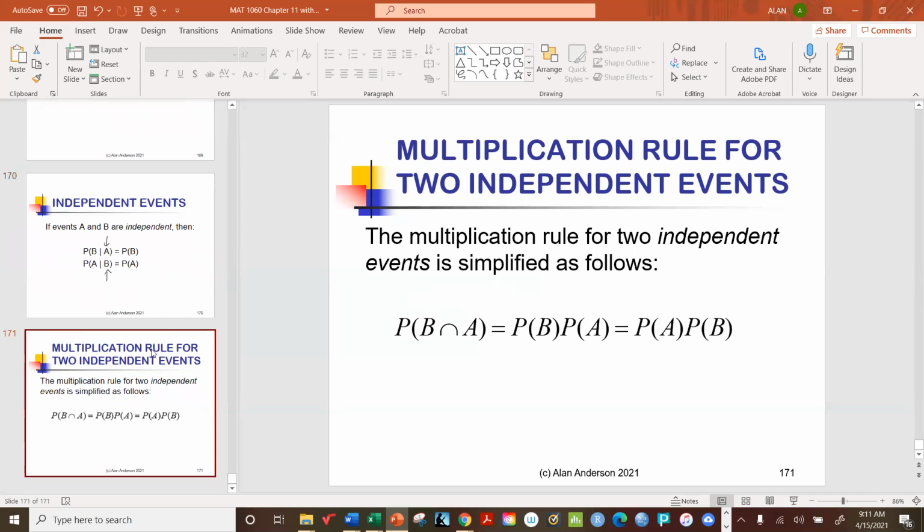Oh, now that's a lot simpler. Look how easy that is. Wow, that looks pretty straightforward, doesn't it? It's nowhere near as complicated as the full multiplication rule, but remember, we can only use this when the events are independent.